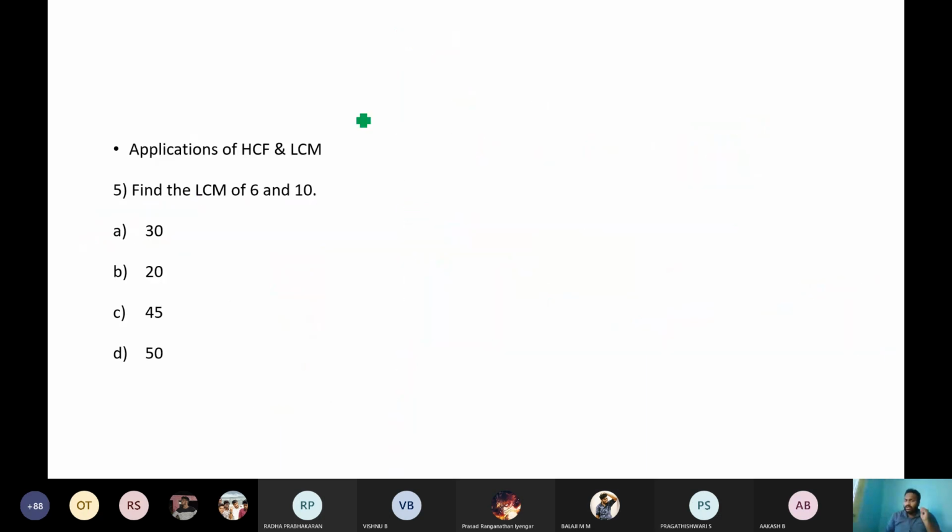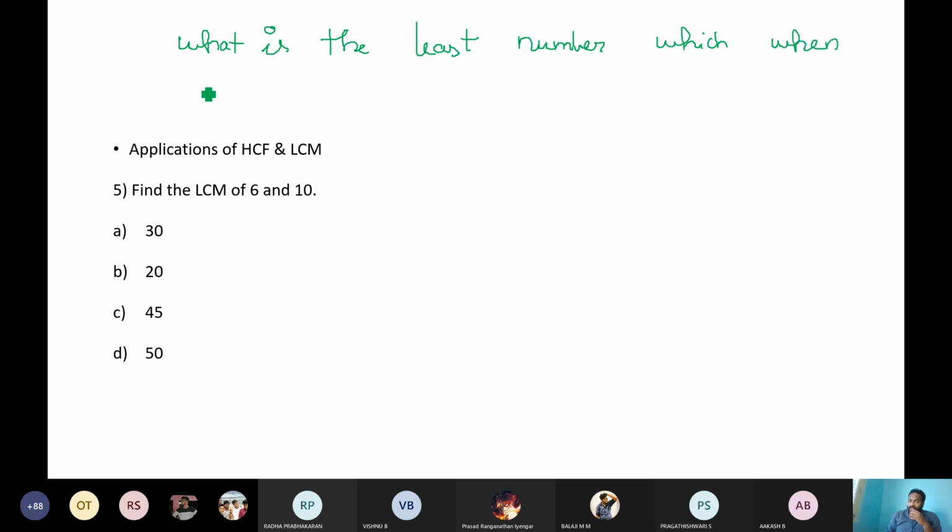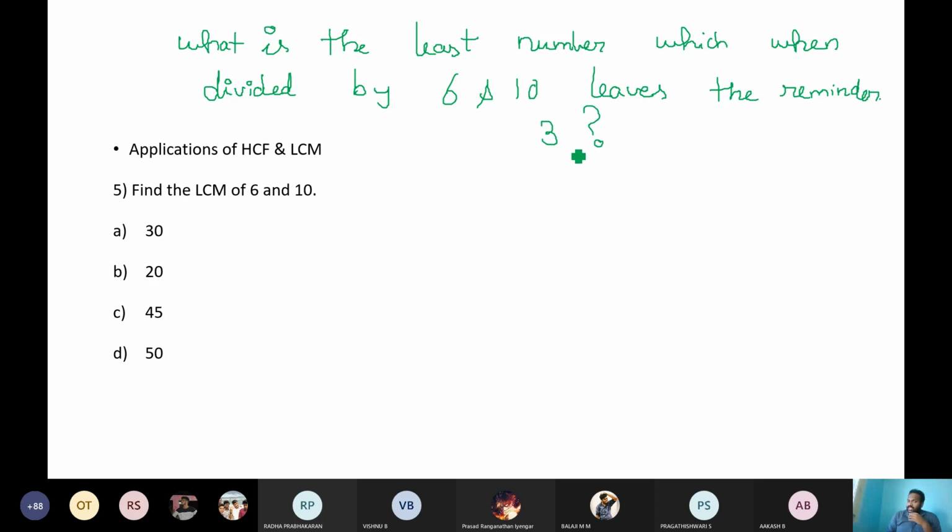For example, they ask you a question that says, what is the least number which, when divided by 6 and 10, leaves the remainder 3 in each case?